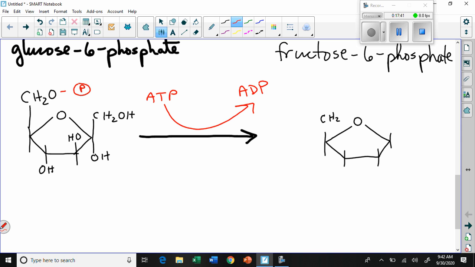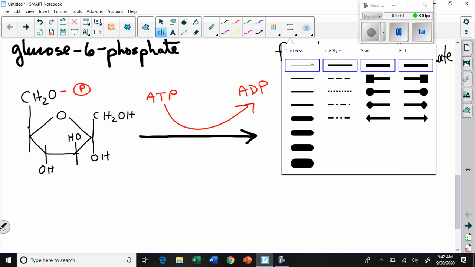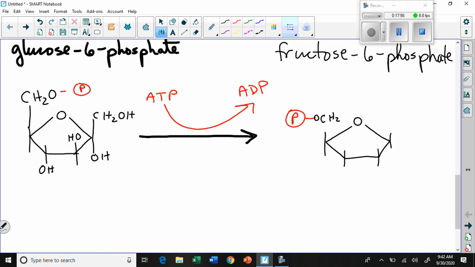CH2, I'm going to put the inorganic phosphate, sorry, over on this side, just to kind of save space. Oh, I forgot the O. I think I can squeeze the O in there. CH2, the O, and then the phosphate. So all I did is just flip that in the mirror, right?